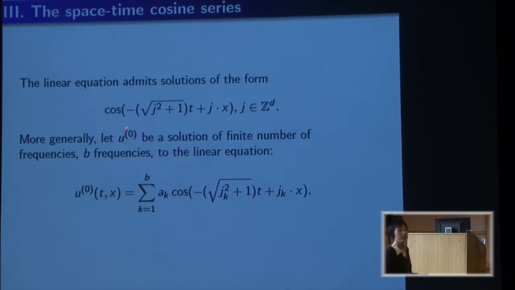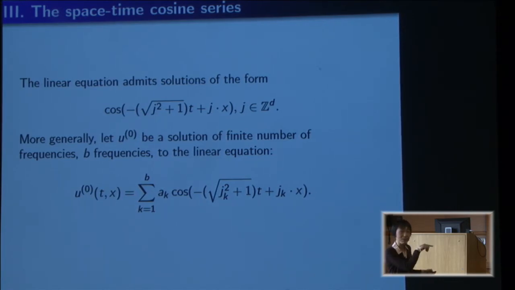You agree with me? More generally, let U0 be a solution with a finite number of frequencies, so you take a finite linear combination of these. I'm sorry, the notation is perhaps a bit heavy, with sub-indices and super-indices. So your J_k is a vector.